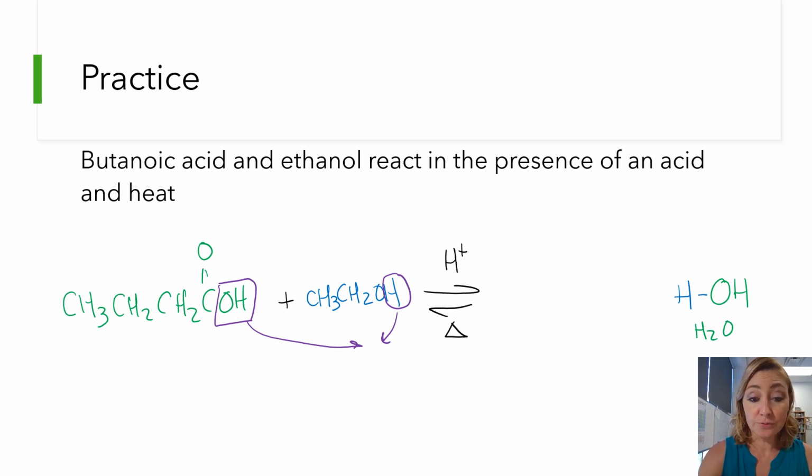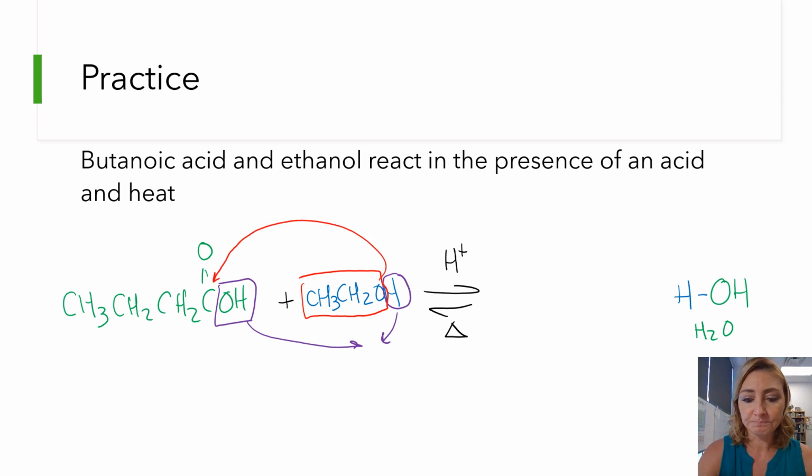And we are going to form an ester, which means we're going to take this portion of the alcohol, flip it around, and the oxygen portion is going to bond to the carbonyl carbon, CH2. This was originally the carboxylic acid, and then here is the alcohol portion.